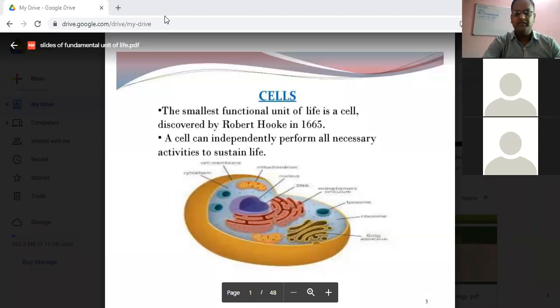Yes, Anupam Kumari, you can unmute yourself. Anupam, why are we saying the cell is a structural and functional unit of life?